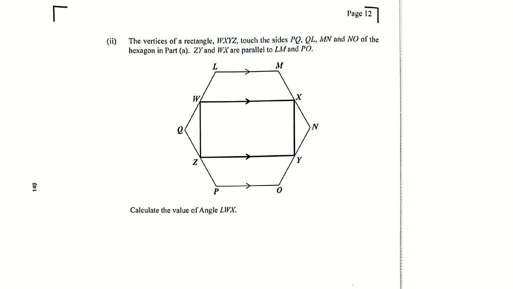Calculate the angle LWX. So that's this angle here. Because these are parallel lines with a transversal line, we know that the interior angles are supplementary, so this angle here and this angle here should add to 180. We know that this angle here is 120.